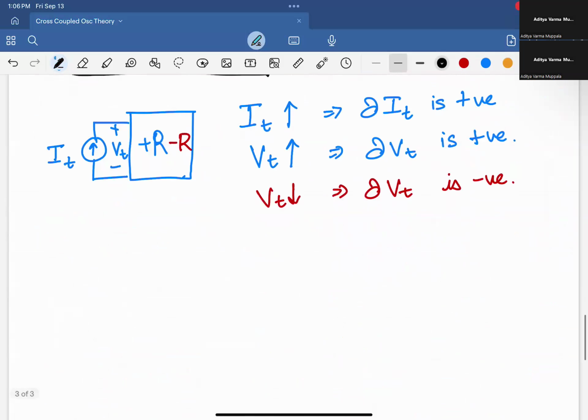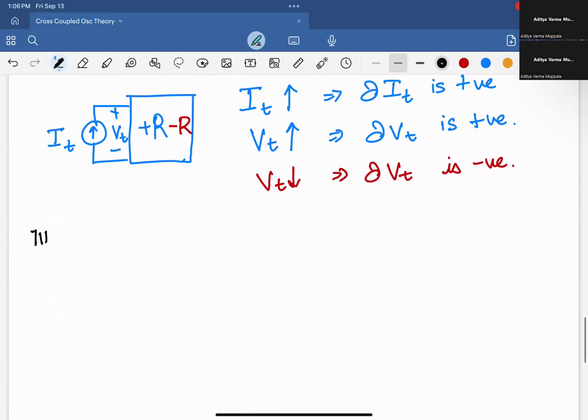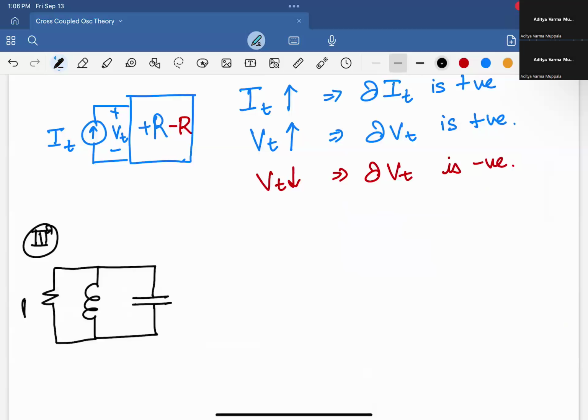Okay, so now that we've created our negative resistance, we go back to look at the parallel LC model again. So we said, okay, I have an inductor. Let's say now we take a real inductor and a real capacitor and put them in parallel. And we said, okay, this is connected to some RP.